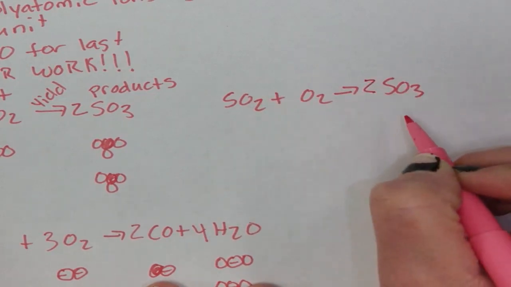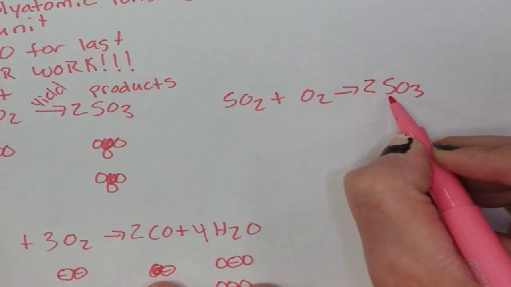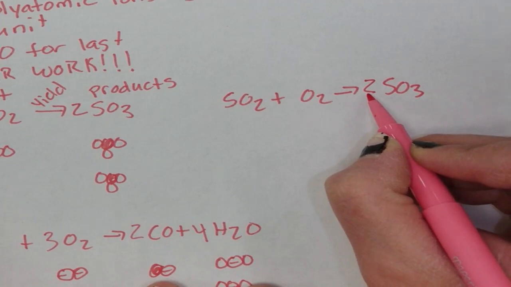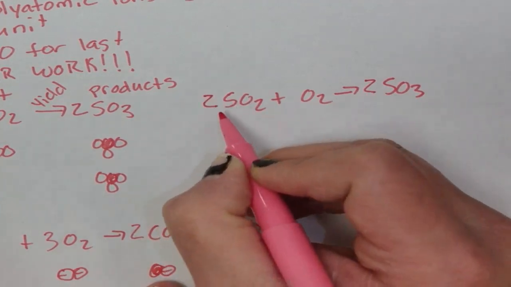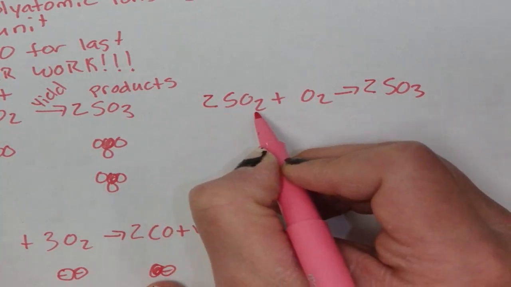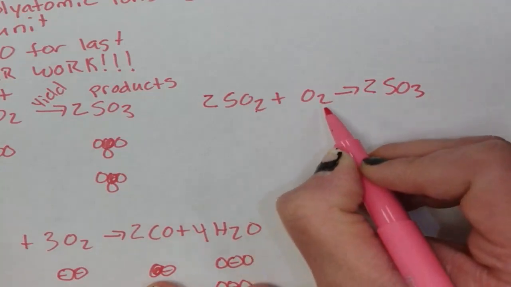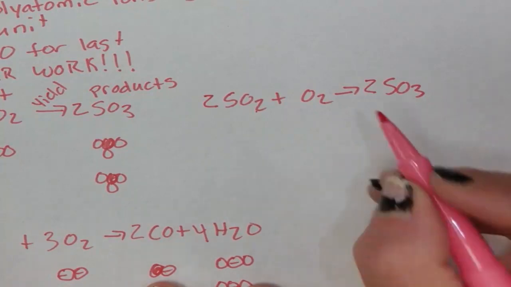If I put a 2 in front, it gives me an even number of oxygens. 2 times 1 sulfur is 2, and 2 times 3 oxygens is 6. So I now have 2 sulfur, so I have to put a coefficient in front. That means I have 1 sulfur times 2 is 2. 2 times 2 is 4 oxygens, plus an additional 2 is 6. And 3 times 2 is 6.